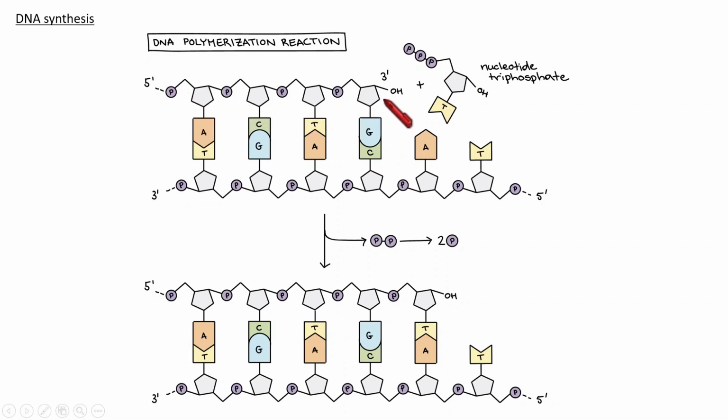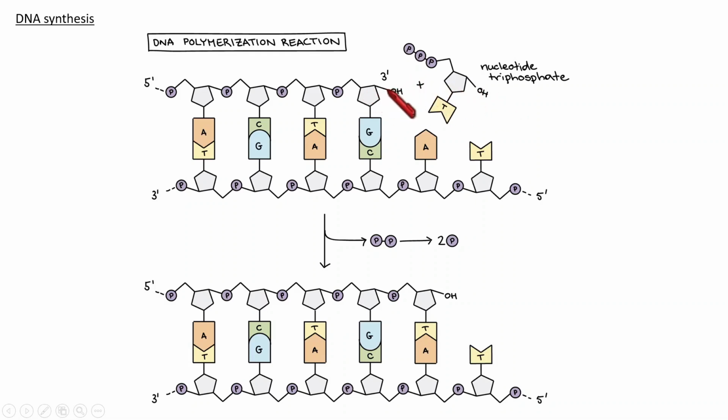Okay, next we are going to see the pattern or method of DNA synthesis, or the growth of the daughter DNA strand using the template strand. In this picture, you can see the template strand, and this is the RNA primer, and we can see its 3' OH end, and this is the incoming deoxyribonucleotide triphosphate. That is the ingredient or the building block for this growing daughter strand.